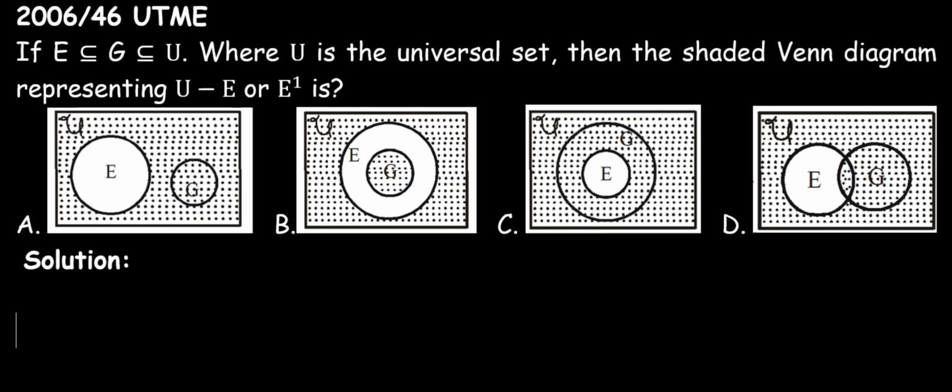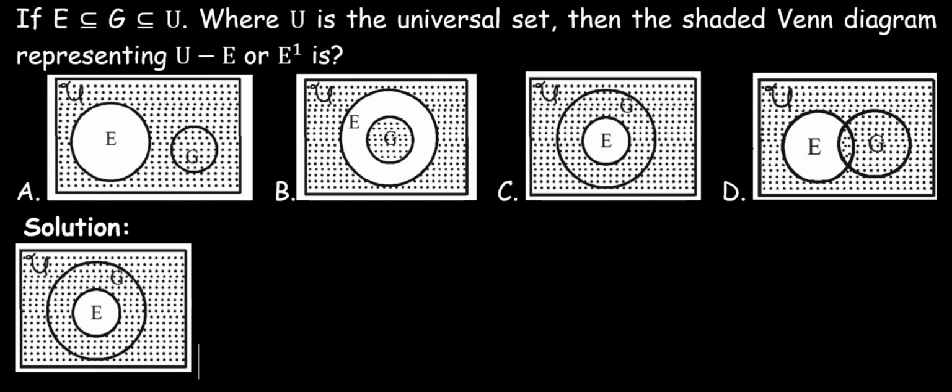The only diagram that is suitable to this problem, since we are given the condition that E is a subset of G, which is to say E is inside G and G is inside the universal set, so we must look for the diagram that has E inside of G. And the only diagram that has E inside of G is C. And if you look at it also, E prime is shaded there. That's everything outside E is shaded.